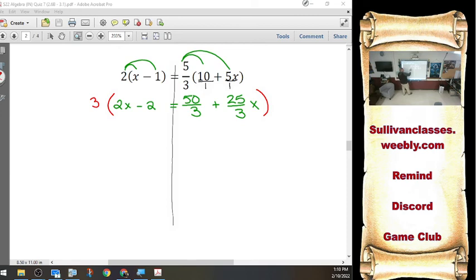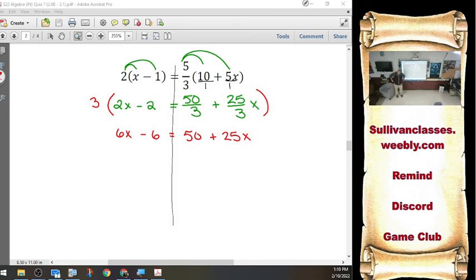So 3 times 2x. 3 times negative 2. 3 times something thirds is that something. Okay, no more fractions. We're good.